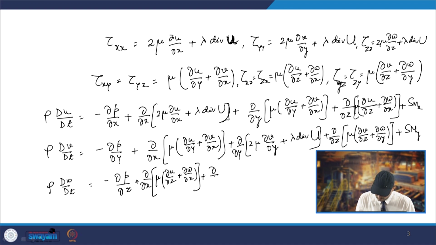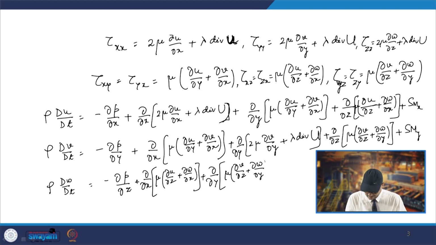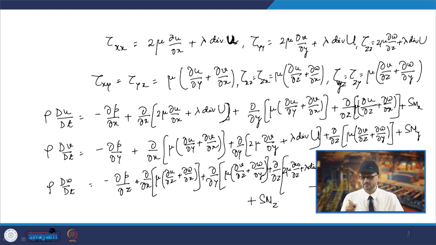Similarly, dou by dou y of mu times dou v by dou z plus dou w by dou y, and then you will have dou by dou z of 2 mu dou w by dou z plus lambda div u, and then you will have the source term for the z component.